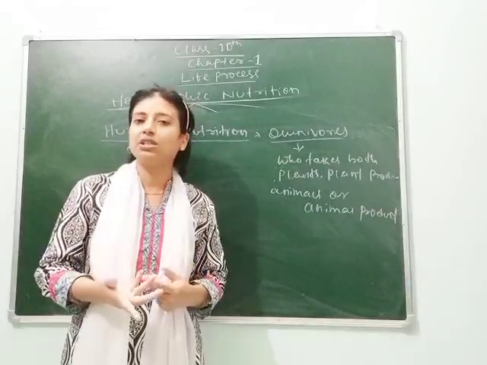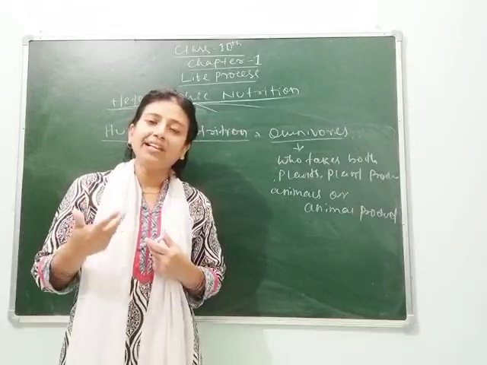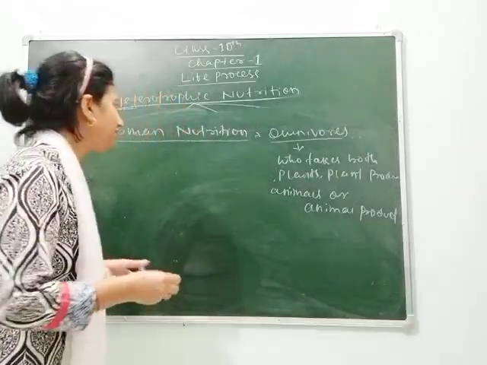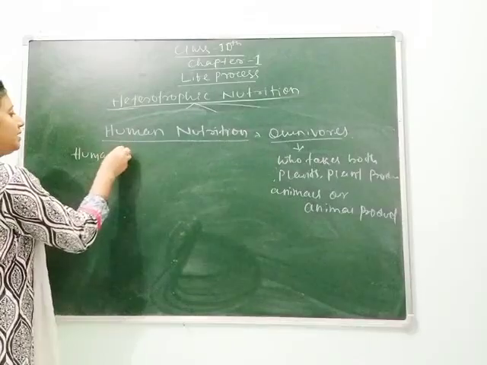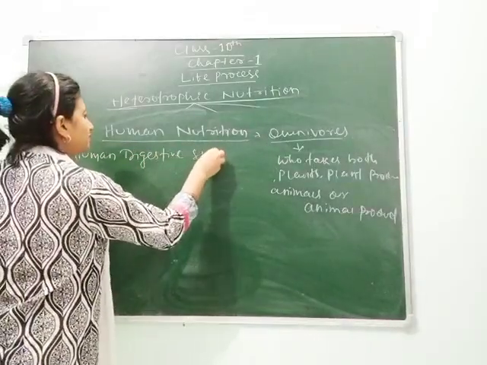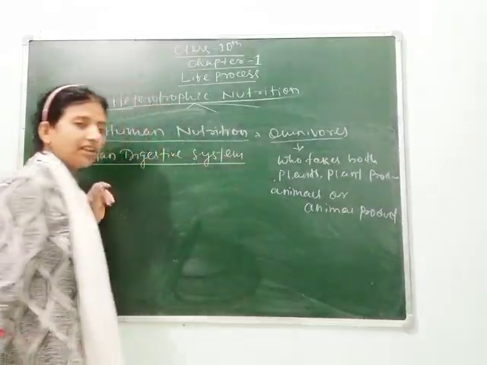So how does this process occur? In this class, I will tell you about the human digestive system. We will also draw a diagram to understand the human digestive system.